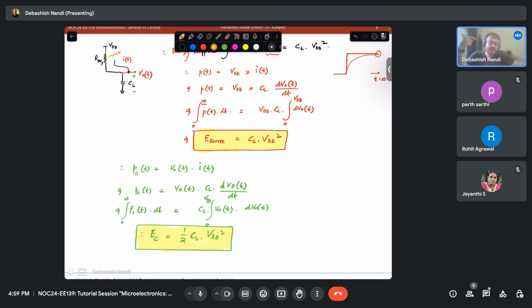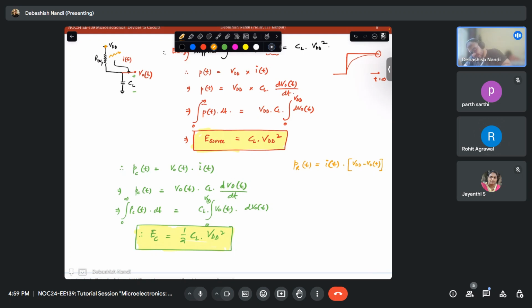The current is flowing across this resistor also, right? Let's say PR of t. What is PR of t? It is I of t times V of t. And what should I take for V? What is the voltage across the resistor? Can you quickly tell? It is VDD minus Vo of t.